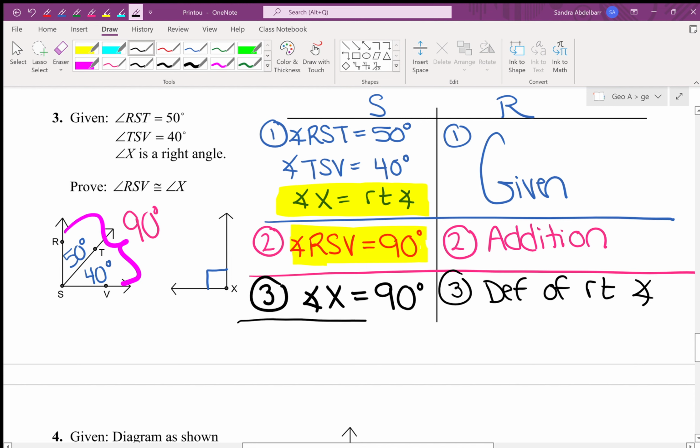Okay, so now I have angle RSV is 90 degrees and angle X is 90 degrees. Did we show them to be the same? Yeah. So now I can go ahead and say they're congruent. I will tell you, I am not allowed to say if two angles are right angles, then they are congruent. I cannot say that. Why am I not able to say that?